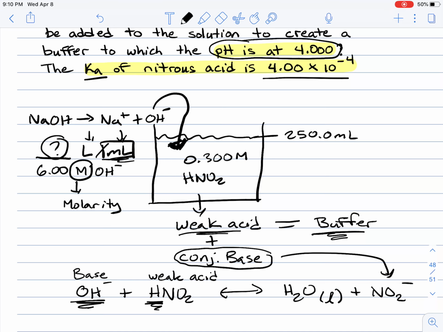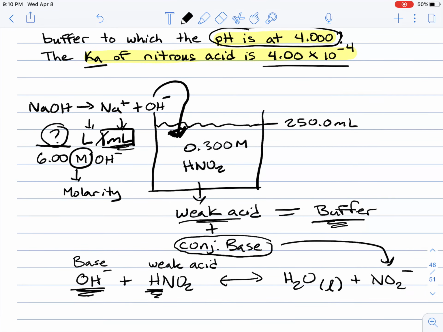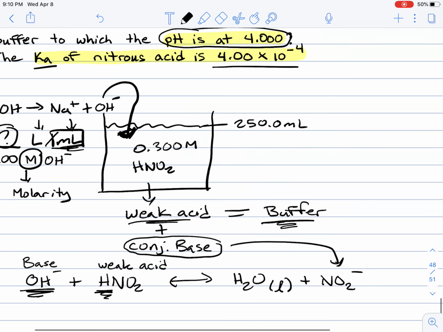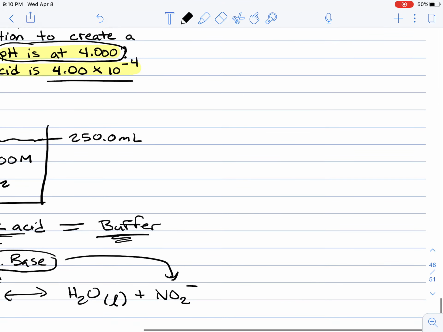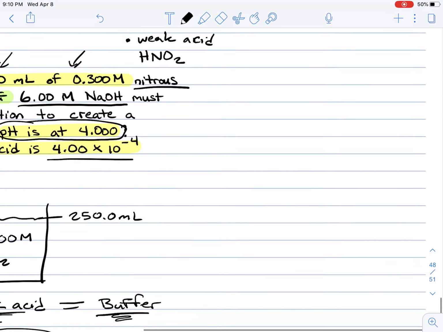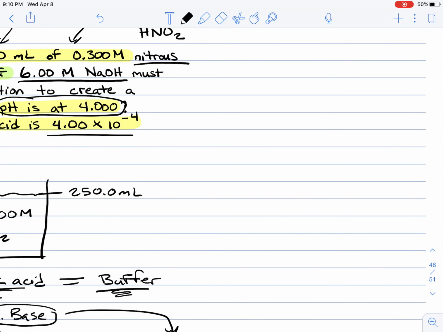Okay. I think my page is going to be a little bit messy, so I'm going to go ahead and put this off to the side. For my sodium hydroxide, the 6.00 molar concentration can be written as 6.00 moles for every 1 liter.